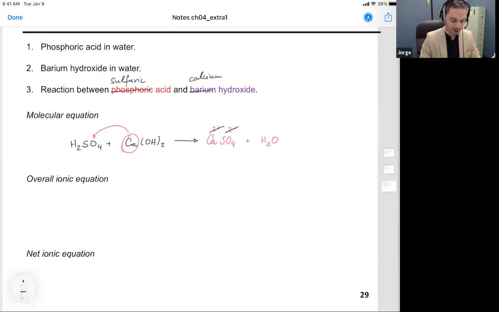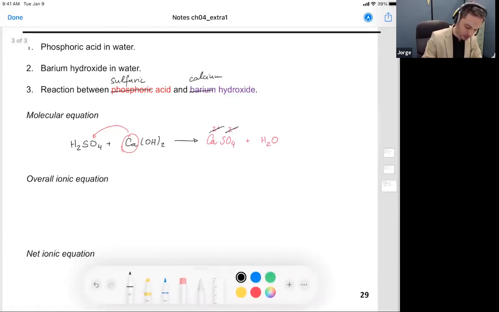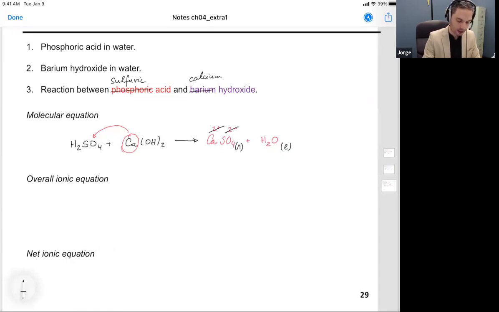Sulfates are going to be soluble except when bonded to calcium, for example. So we know that calcium sulfate is not soluble in water. So we are going to indicate that by a solid between parentheses. And that indicates the formation of a precipitate.